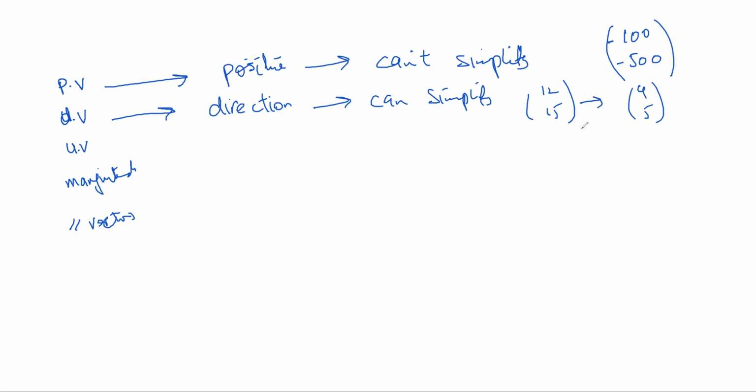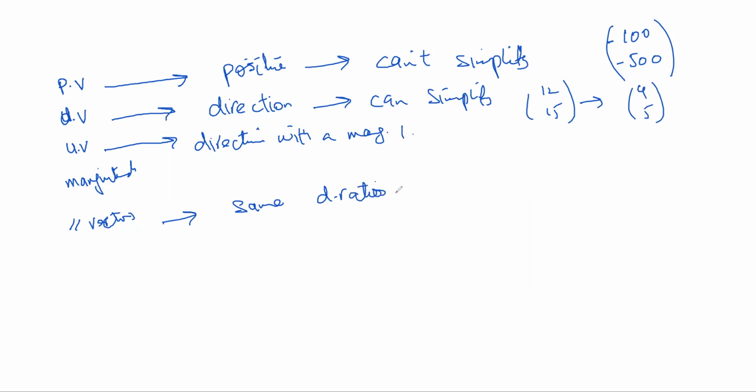The unit vector is again related to the direction, but in a way that it has magnitude 1. And parallel vectors have the same direction ratios. So this was a brief recap of what you have done.